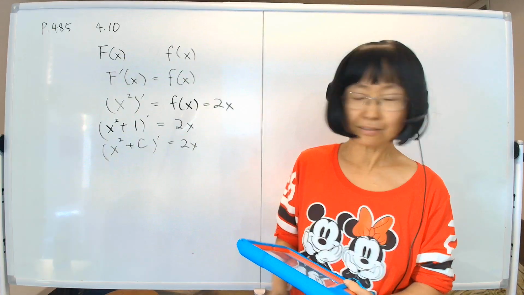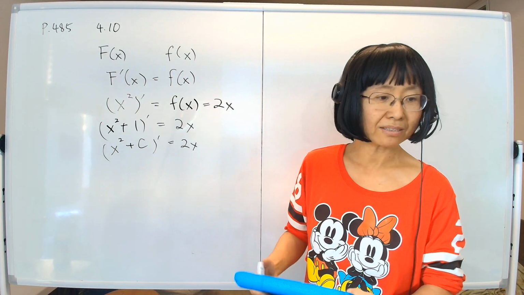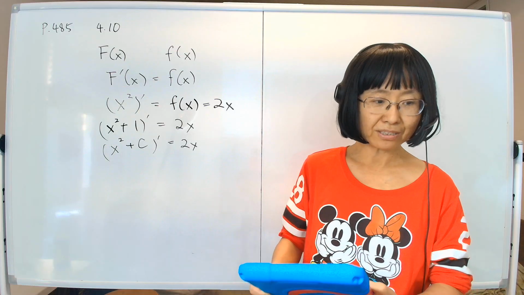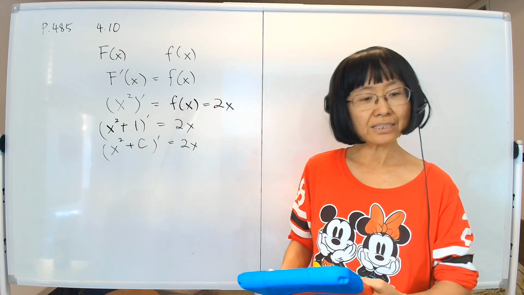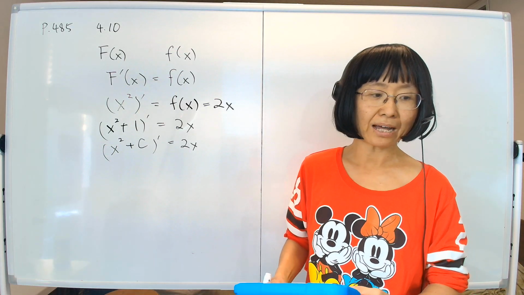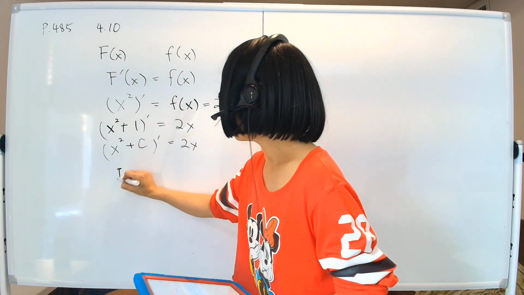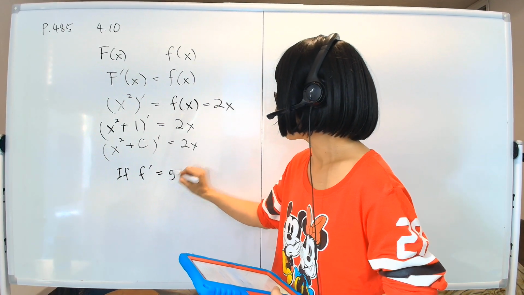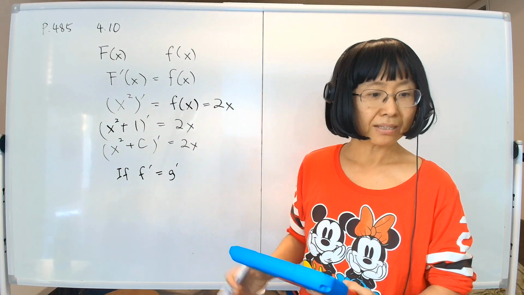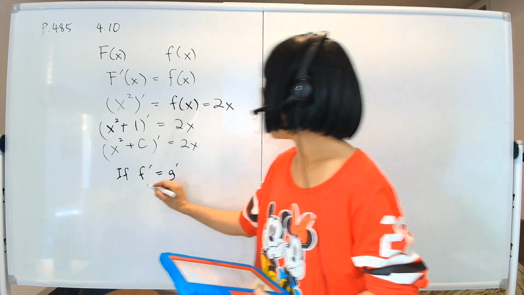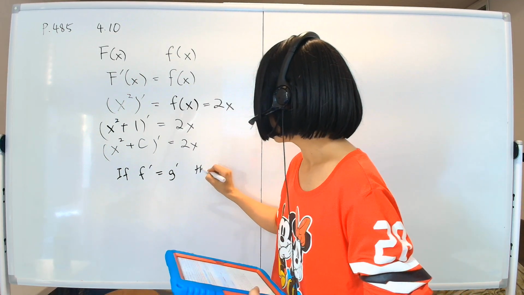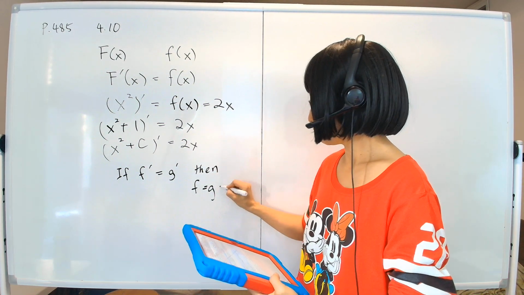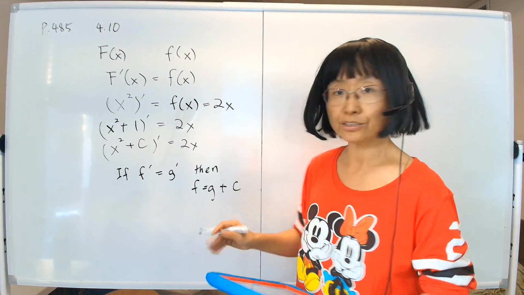It's on page 386, Theorem 4.7, Corollary 2, the Constant Difference Theorem, which says if f and g are differentiable over an interval I, and if f prime equals g prime the whole time, then f equals g plus some constant. That's what Corollary 2 says.